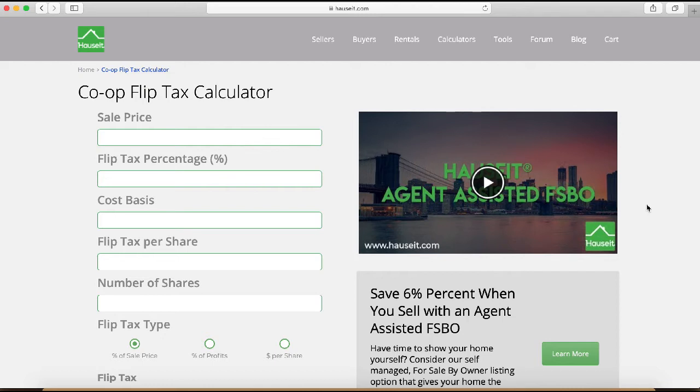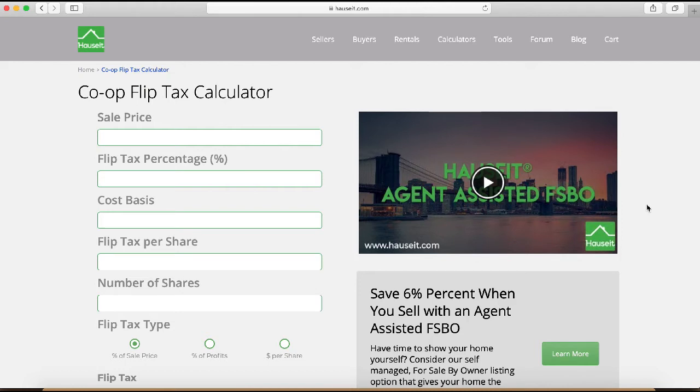So in general, the majority of the people who are looking at this page, perhaps yourself, are thinking of selling a co-op or possibly thinking of buying a co-op and trying to understand the long-term implications and potential future closing costs of selling a co-op in New York City.